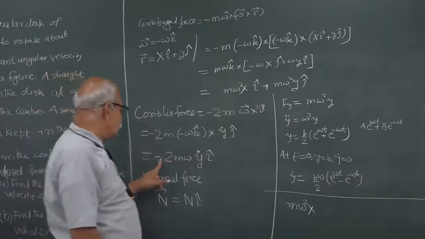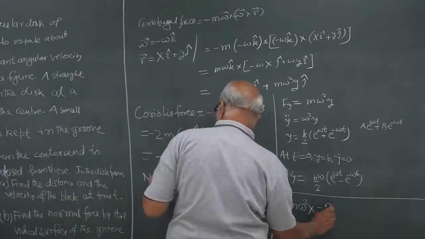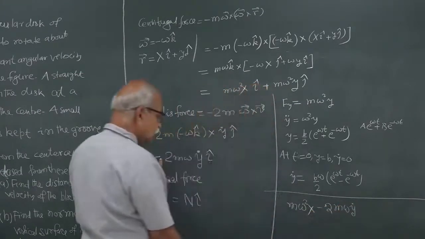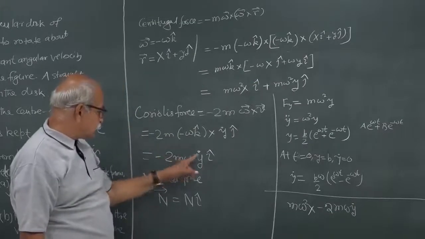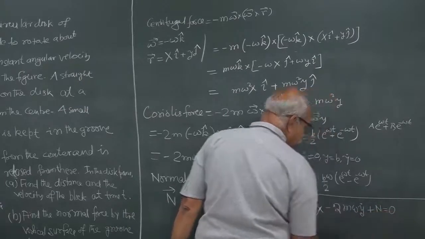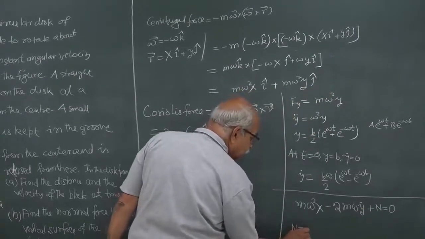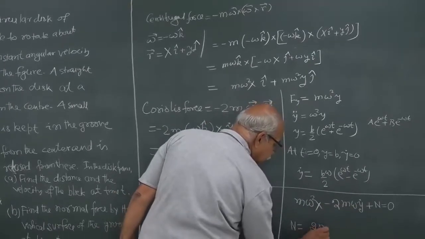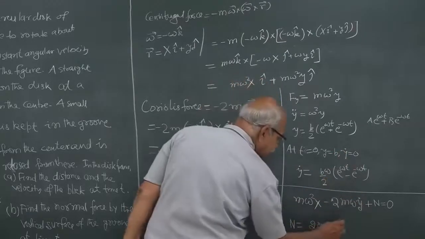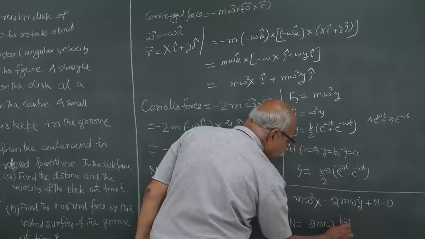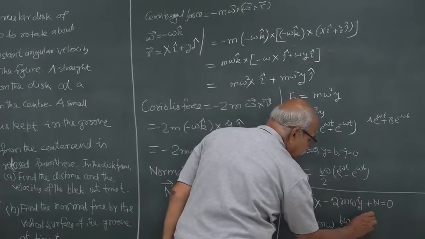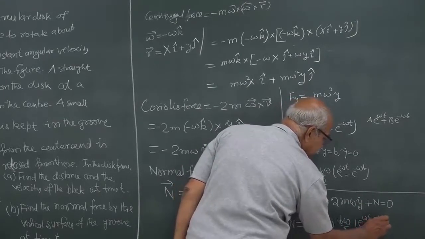From the Coriolis force I have minus 2m omega y dot, that is in the x direction, and plus N. So, that should be equal to 0, and therefore, N should be equal to 2 m omega y dot, and y dot is here, which is b omega by 2 times e to the power omega t minus e to the power minus omega t.